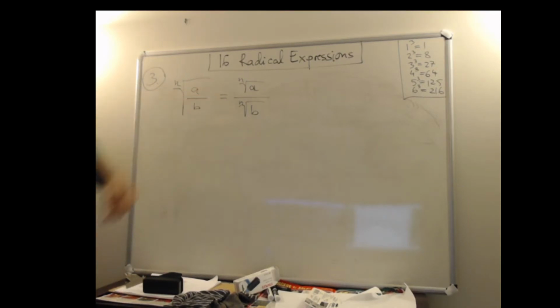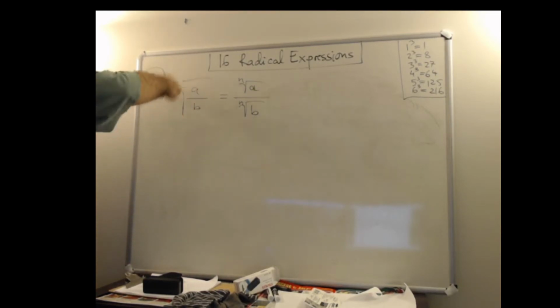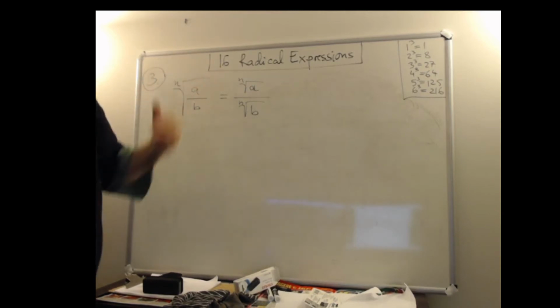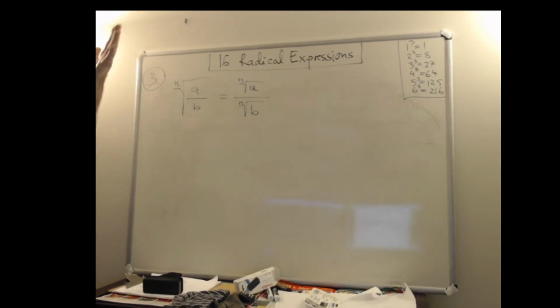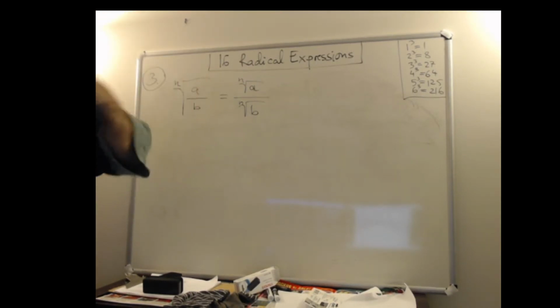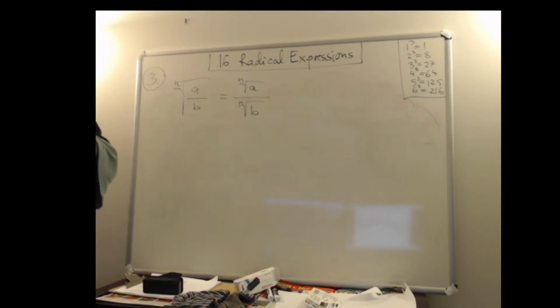Of course, it cannot be 0 either, right? You can't divide by 0. And this must be non-negative. So this is in case when you have an n positive. You just have to remember, anytime you have a radical with an even index, the stuff inside must be non-negative and the result must be non-negative.